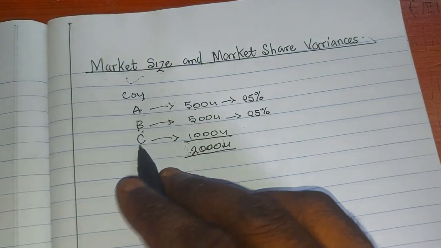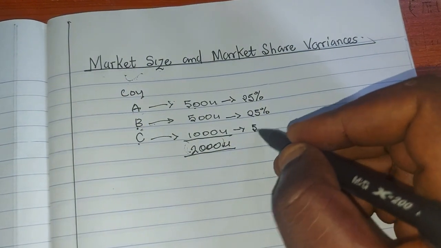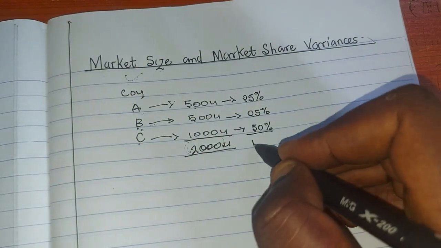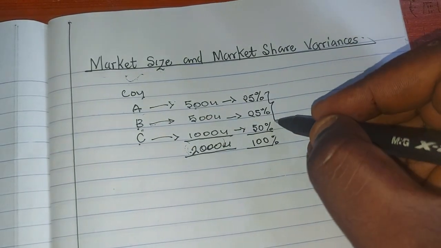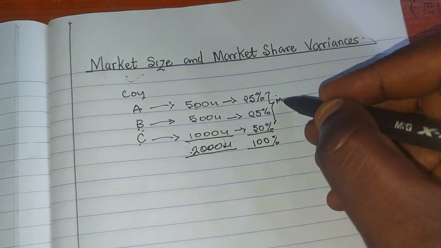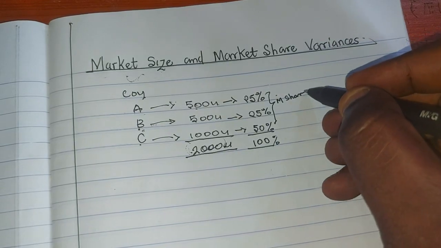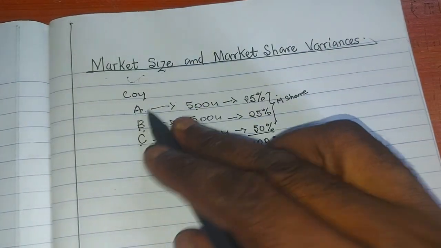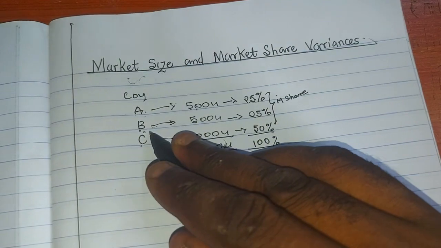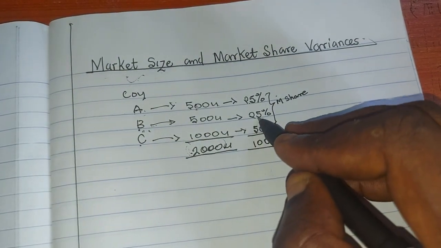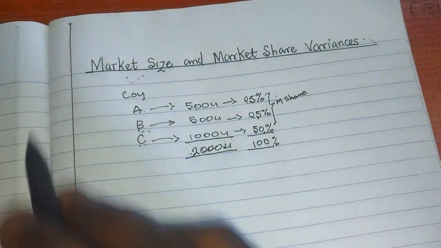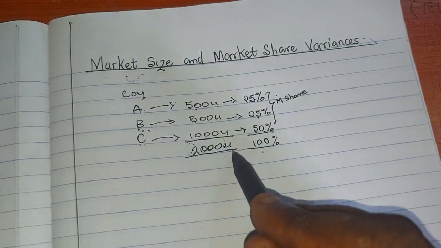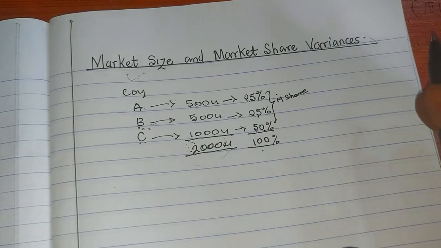Then C claims, of course, 50%, and the total size is 100%. So this portion is known as market share. The market share for A is 25%, for B is 25%, and for C is 50%. But the market size is 100%, which is 2,000 units. That is the total sales.